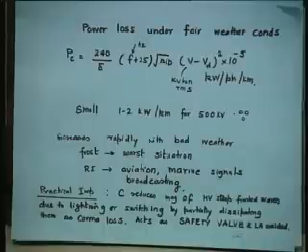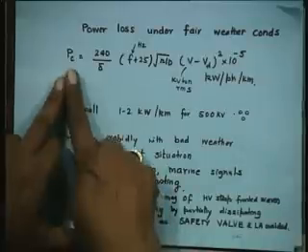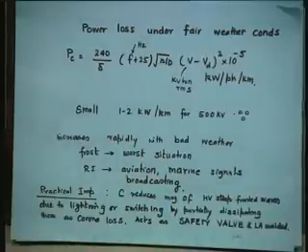How do you get the power loss due to corona? Peek's formula. Let us come to Peek's formula. Power loss under fair weather conditions is given by Pc, the power loss due to corona.